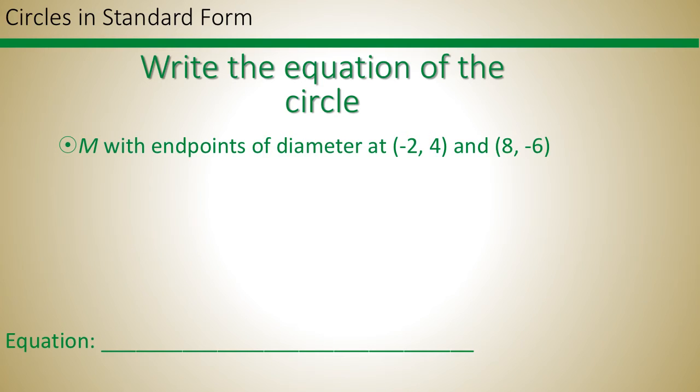Here's another example. It says circle M has endpoints on the diameter (-2, 4) and (8, -6). What I know here is that if I have the endpoints of a diameter, the center is in between these.